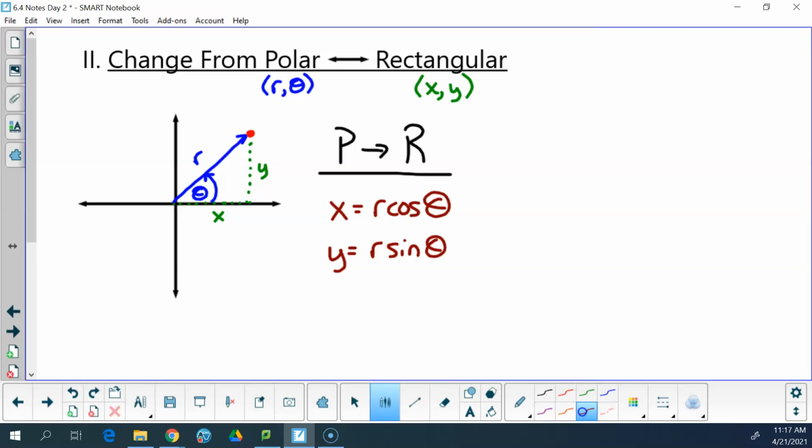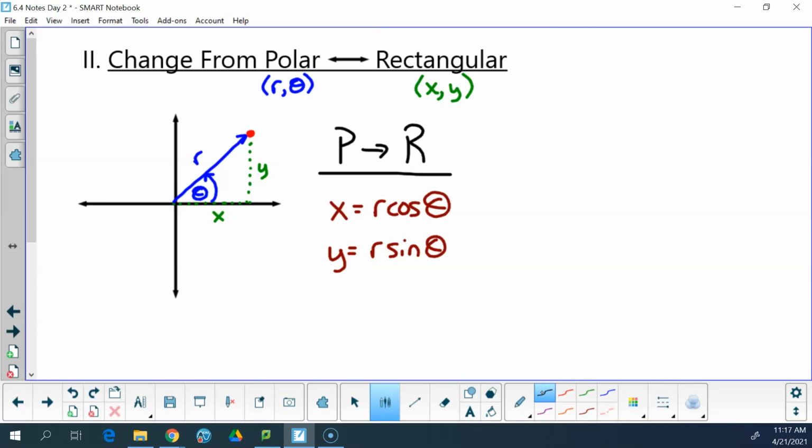So if I have my polar point, to get the rectangular coordinates of that point, I take my r value, multiply it by the cosine of my angle. That gives me the x. I take my r value, multiply it by the sine of theta. That gives me my y. Very easy to go polar to rectangular.